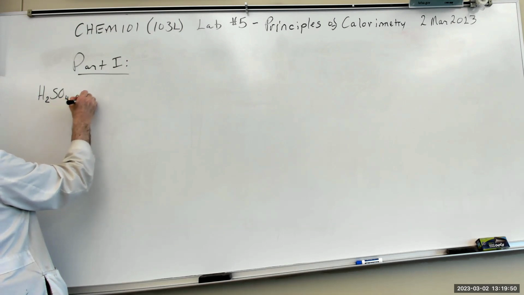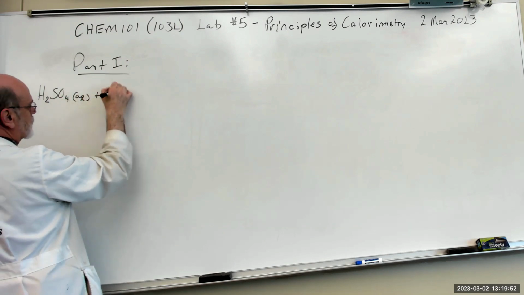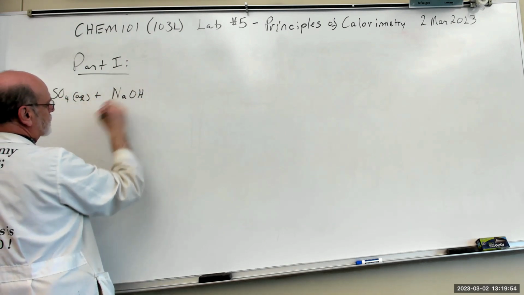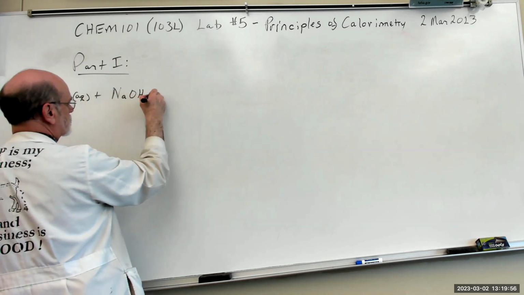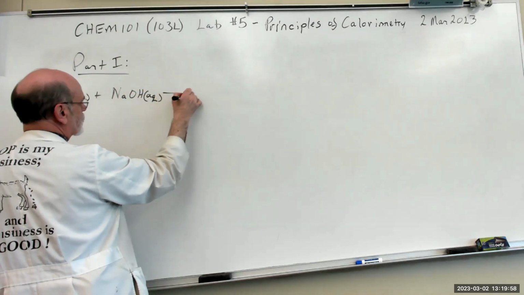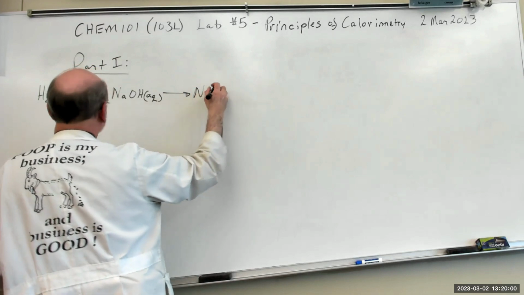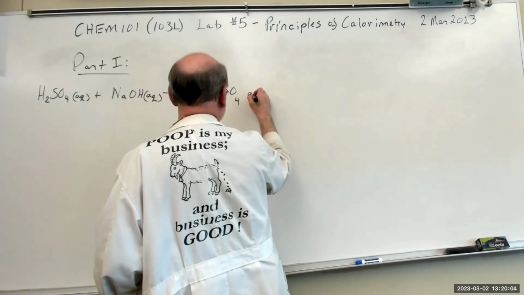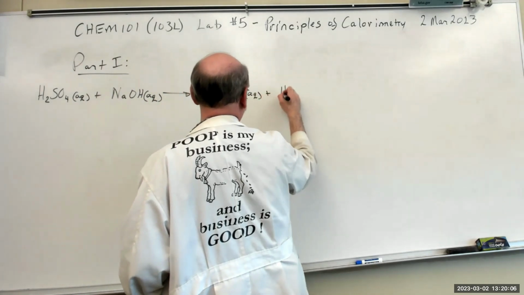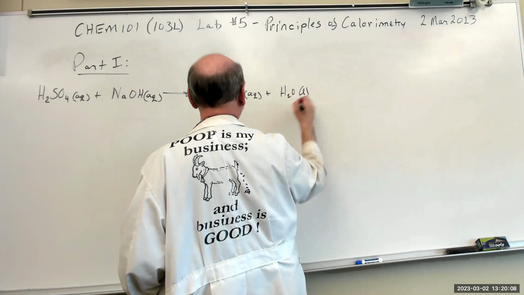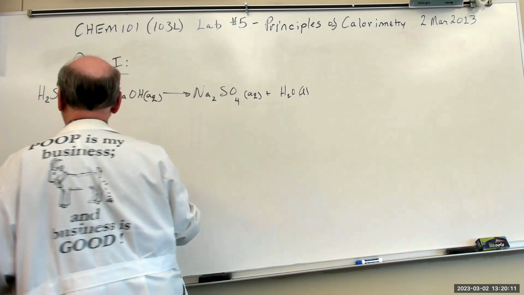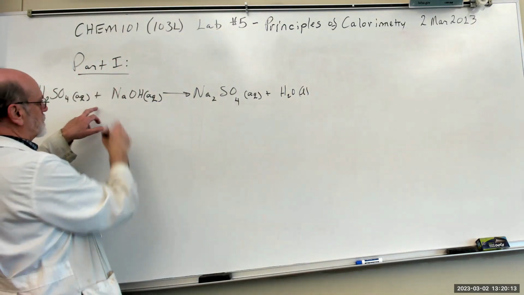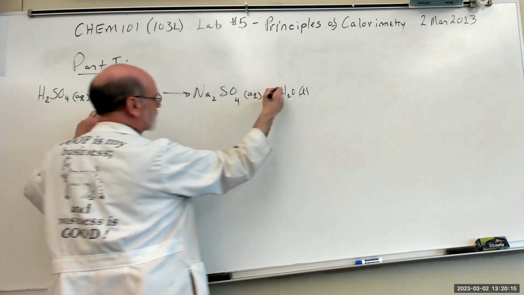Sulfuric acid in aqueous solution plus sodium hydroxide in aqueous solution yields sodium sulfate in aqueous solution plus water, pure liquid. Let's see, I've got to balance this thing. 2 of these and 2 of these. There we go.